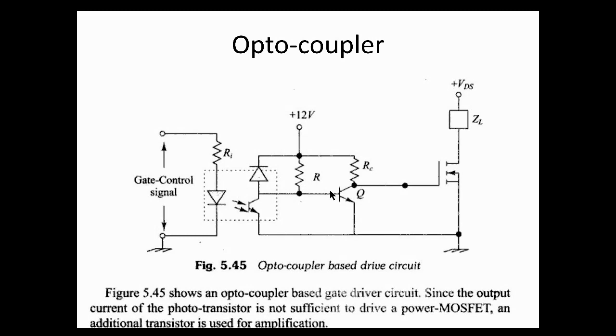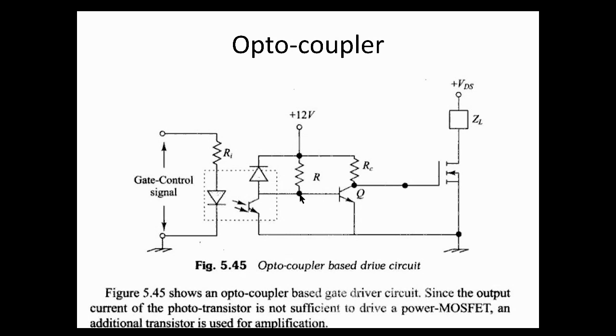You still have the 12-volt source. There will be a voltage drop across the base of this transistor Q. So it is the 12 volt still present at the base terminal for Q.